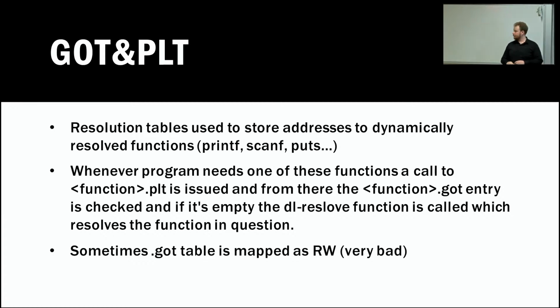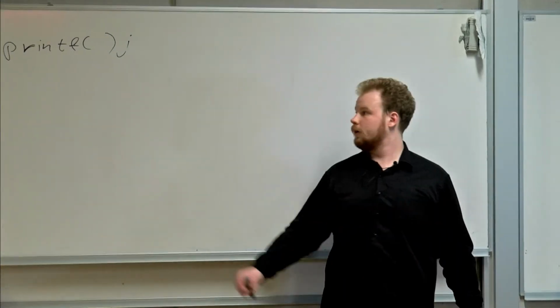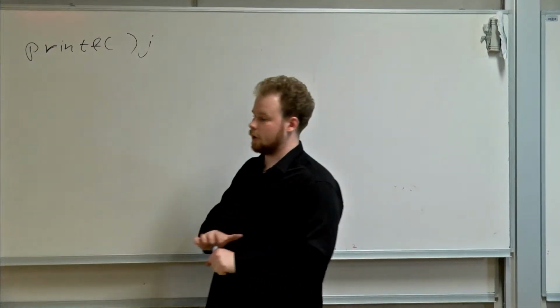Okay, so whenever we have, let's say, a printf call in our code, we don't know the address of the actual printf function yet. We only know that we've dynamically linked a library that possibly has that code in there.